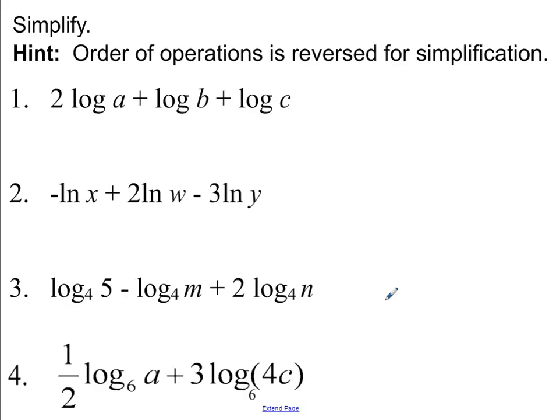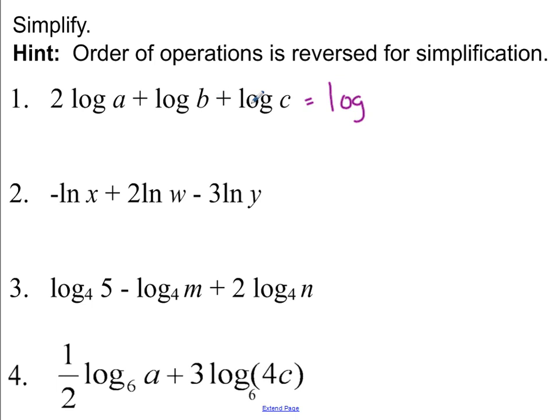simplifying is actually a whole lot easier. So let's write this down. We're going to do these 4 examples together, simplifying using your log properties. And basically just reverse the order of operations. Okay, so in the first example, we're only going to need to write log once. Log. Okay?